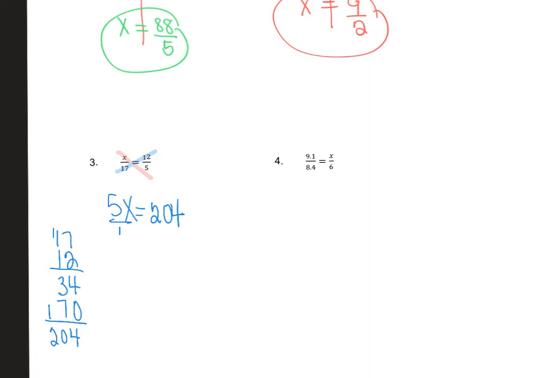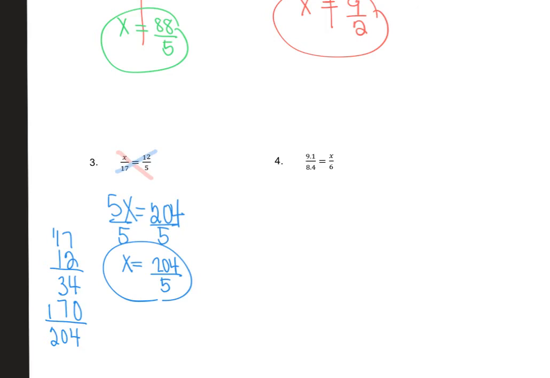All right, and then I'm dividing both sides by 5. And I know that's not going to be divisible by 5 because 204 doesn't end in a 5. So I am going to leave that.